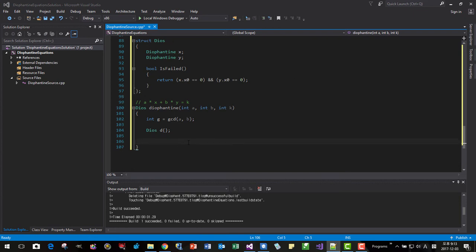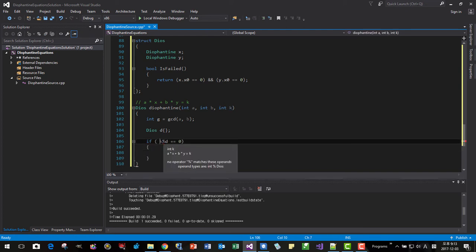Now if k modulo d equals 0, it means we can solve. Okay, about this, no, this should be g like this. About this I explained in the explanation.